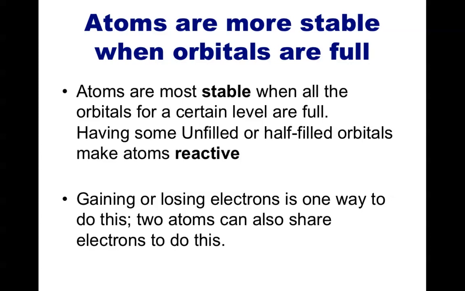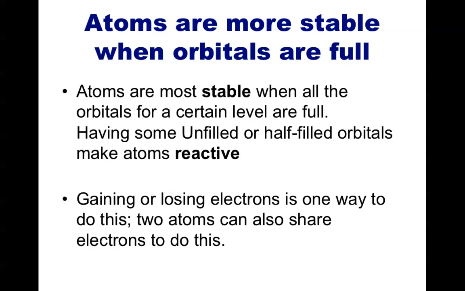These atoms are reactive because they want to either fill these empty spots or get rid of the entire partially filled energy level. In either case, the result of that action would be an outer or valence shell that is full.